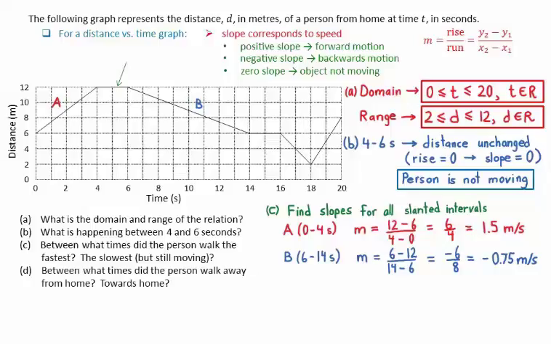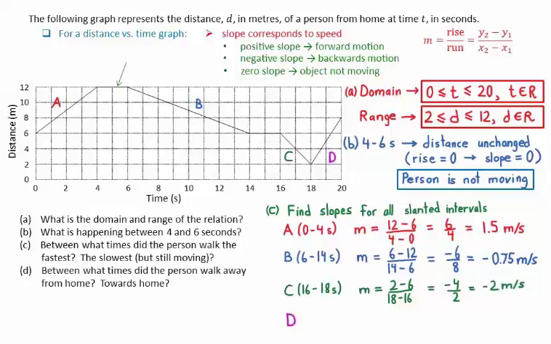Note the negative sign here means that during this interval, the object is moving backwards. For segment C, between 16 and 18 seconds, the slope is equal to the change in the distance, 2 minus 6, divided by the change in the time, 18 minus 16. This gives us negative 4 over 2, or negative 2 meters per second.